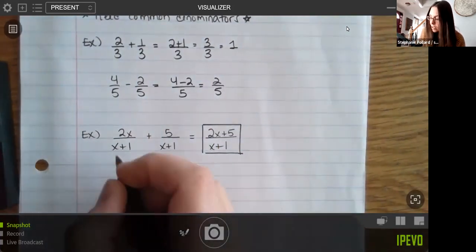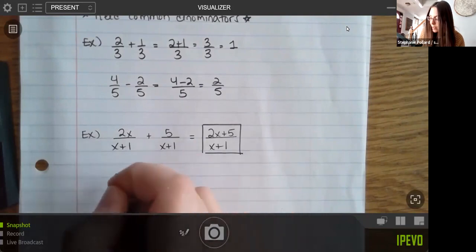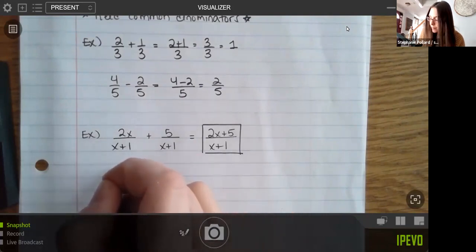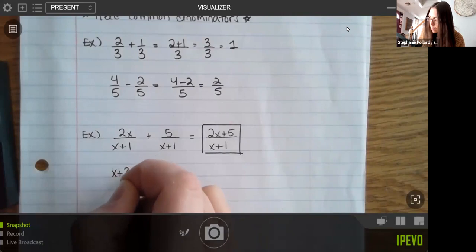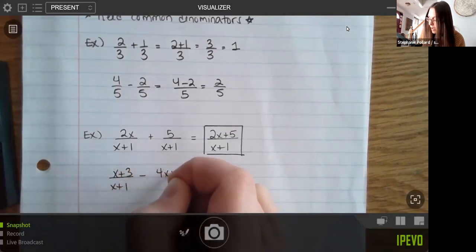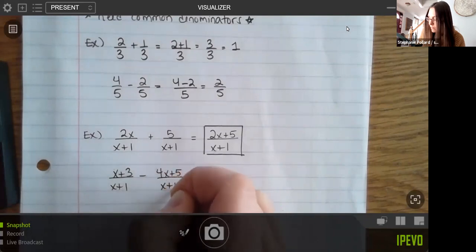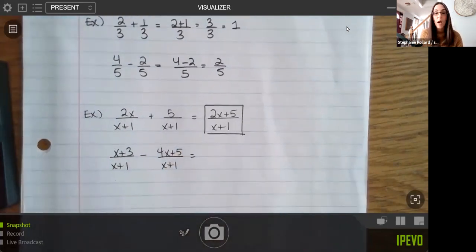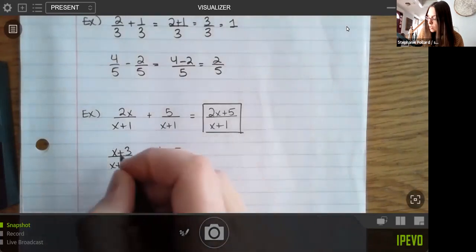Or if you're subtracting, I'll just use the same denominator. Let's say I had something like x plus 3 over x plus 1 minus 4x plus 5 over x plus 1. Again, you already have that denominator here, so we can just subtract.